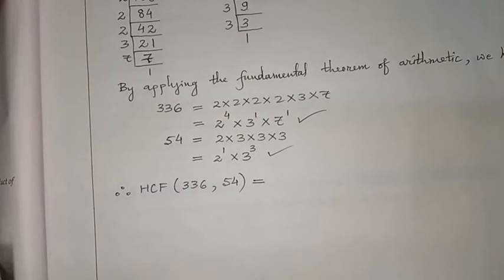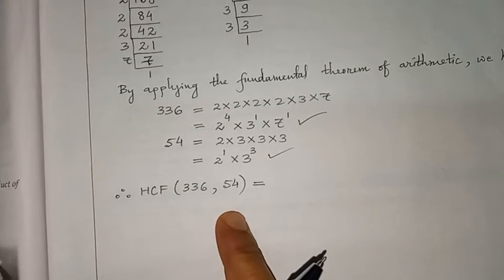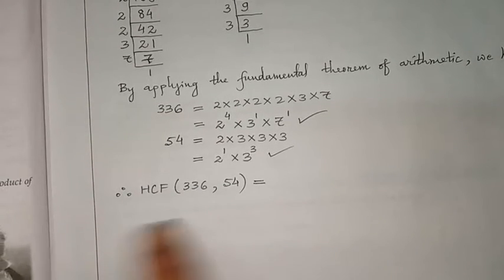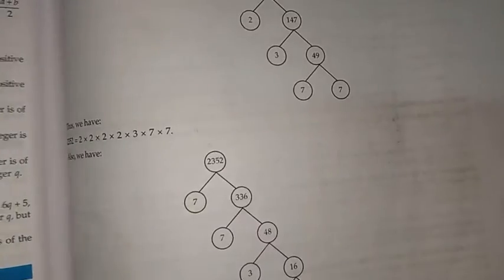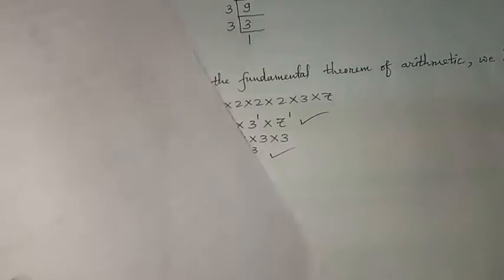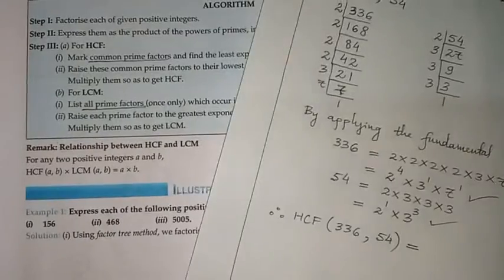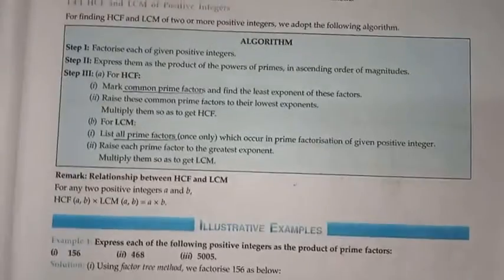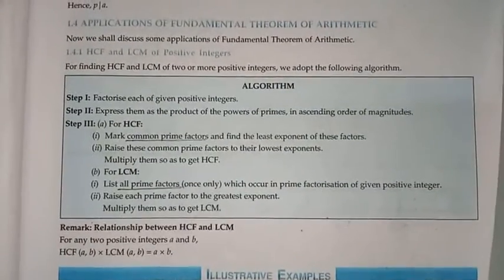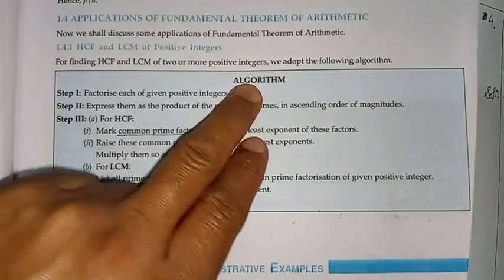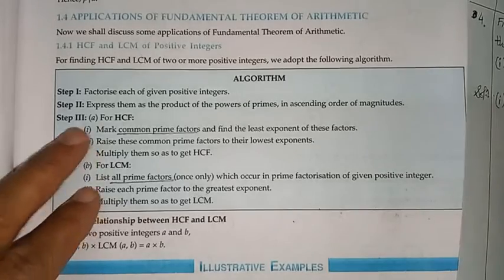I've already told you in my last video how to find HCF and how to find LCM. So let's see. Look, on this page number 9 from the book, I've explained how to find the HCF.